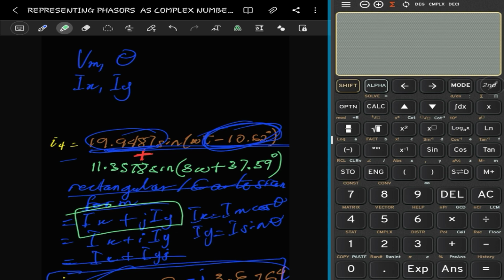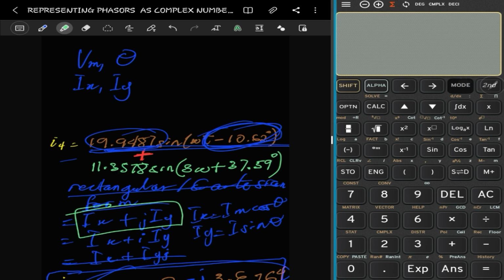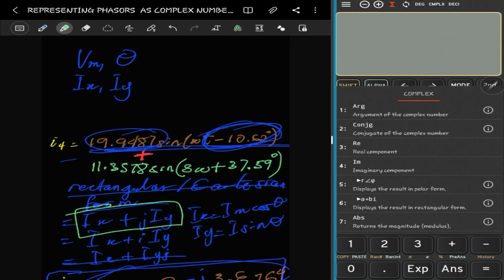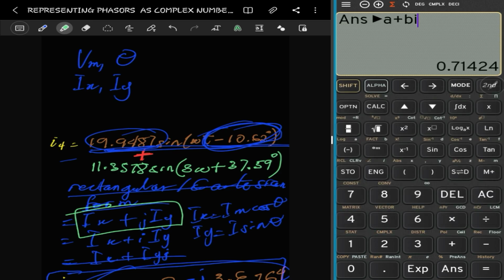So after you've gone to the complex mode, you press shift, you could see complex here, right? Just above the 2 digits, you press on it, and it gives you this option, right? You can see that the form that we are looking for here for the rectangular Cartesian form is this one, right? So you see rectangular form, as you can see here, the number 6. You tap on that, and then you can change whatever you have to that complex form, the rectangular or the Cartesian form, right? So this is what you have.